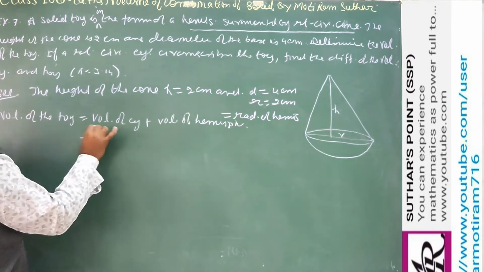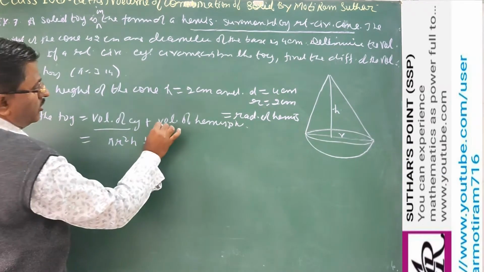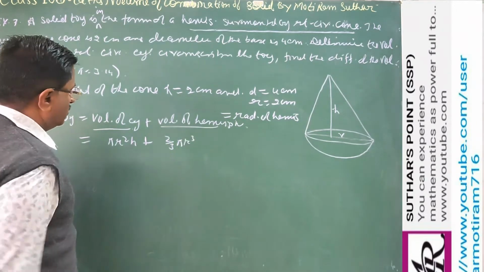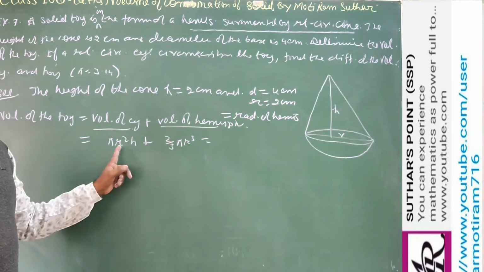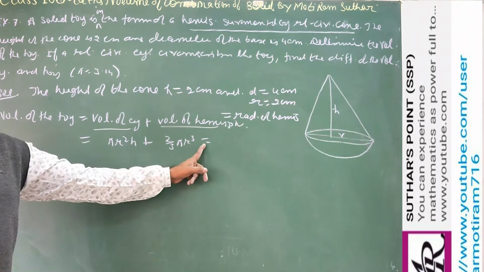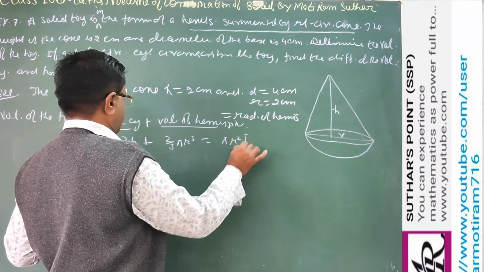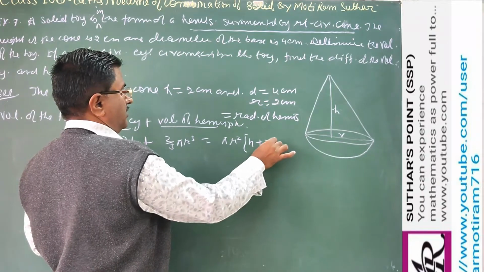And we know the formula: volume of a cone is 1 by 3 pi r square h, volume of the hemisphere is 2 by 3 pi r cube. Here r is the same, that's why we take pi r square common. So here what is left? h plus 2 by 3 r.